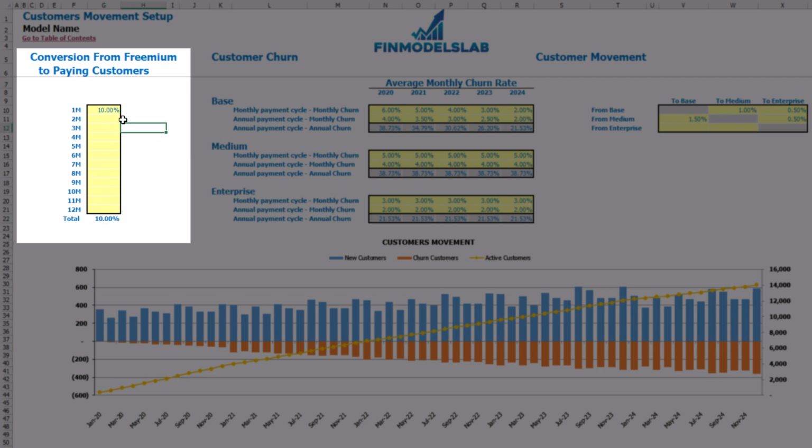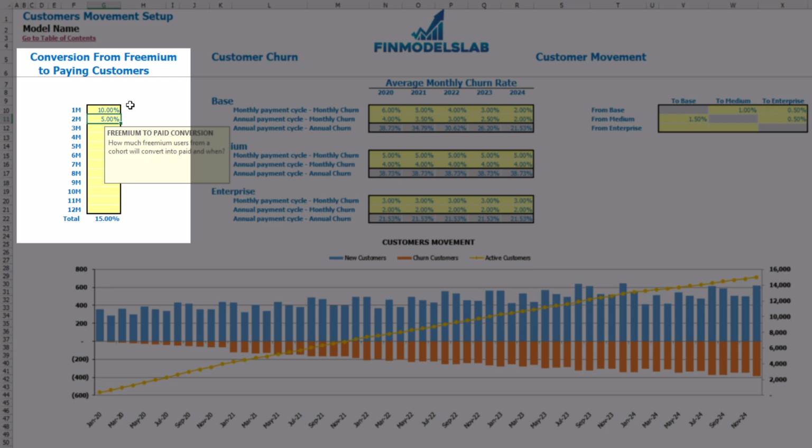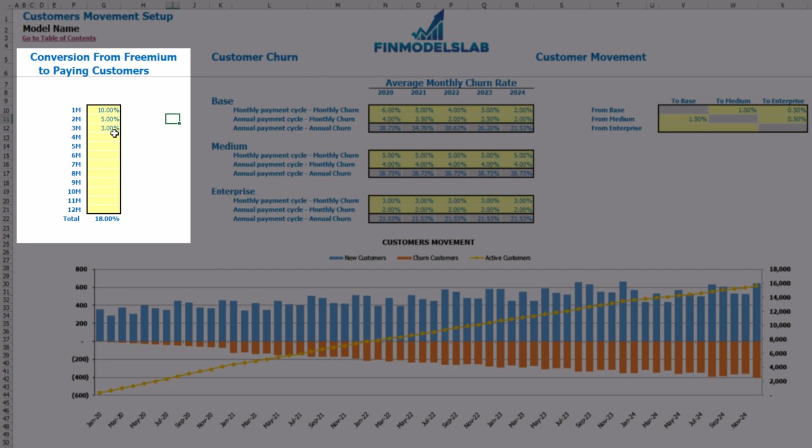In February, another 5% from the first 100 freemium customers can convert to premium customers. This is in total 15. And for example in March, which is month number 3, 3% will convert to paying customers as well. So in total, 18% of your freemium customers will be converted to paying customers.